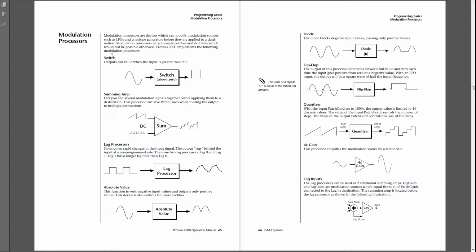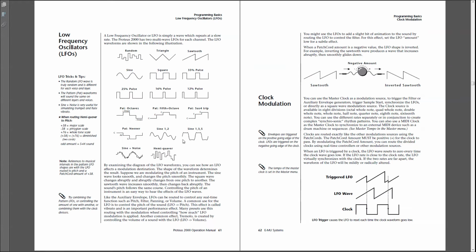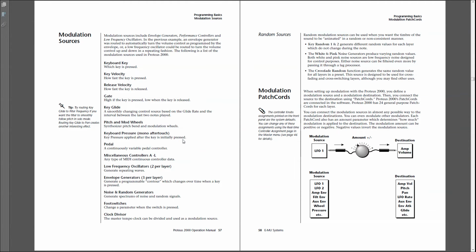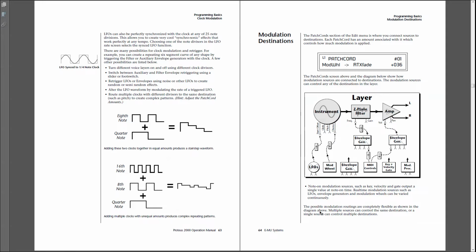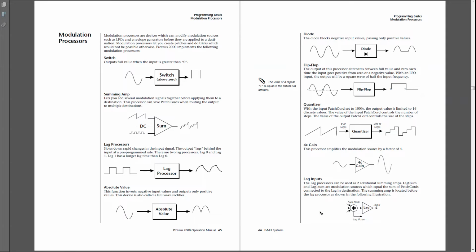In addition to what you've just seen, you can use modulation processors to modify those modulation sources. So I'll just go back a second. Here, you can use the modulation processors on these sources.